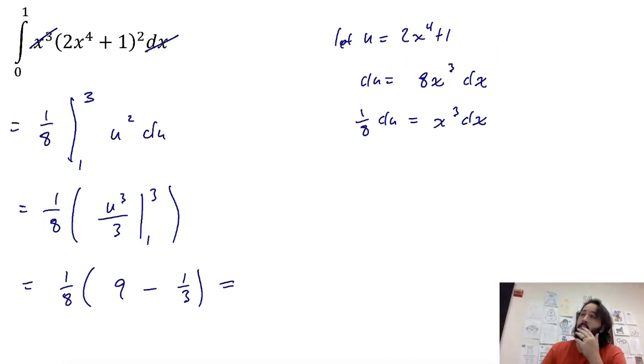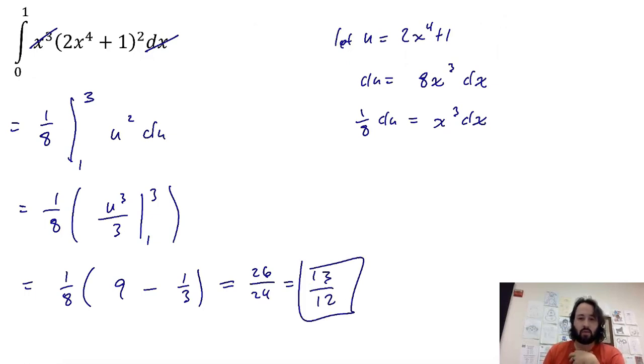So 9 would be 27/3. Yep, so 26 over 3 times 1/8, so 26 over 24, so 13 over 12 is how you would see that on a multiple choice answer.